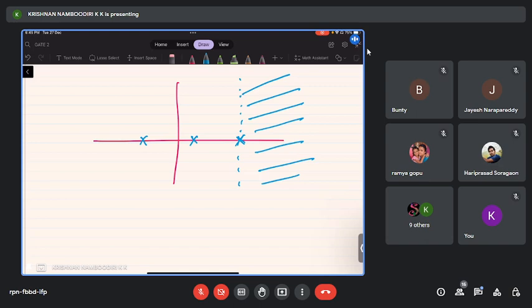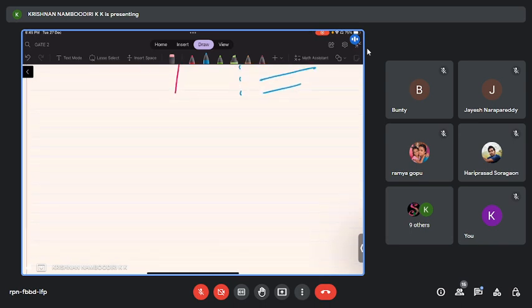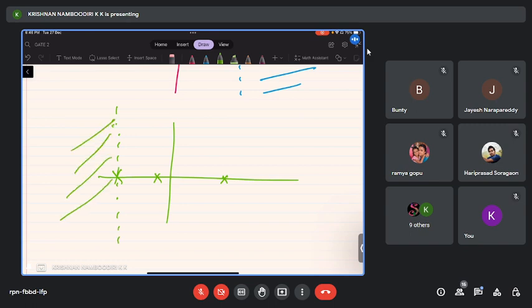The ROC will be towards the right side of the rightmost pole for a right-sided signal. Suppose I have a left-sided signal and I have some poles here, here, here. Then what is the ROC? The ROC is the left side of the leftmost pole. Understood? I hope it is clear to everyone.